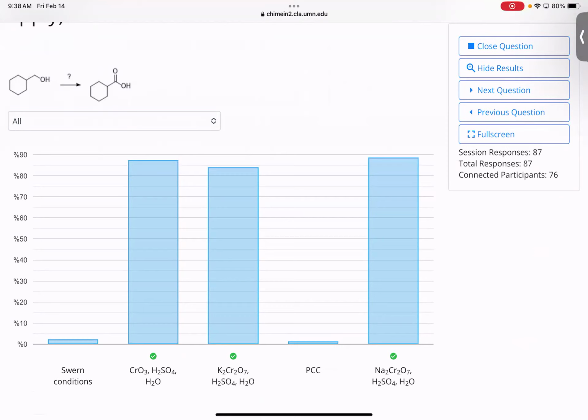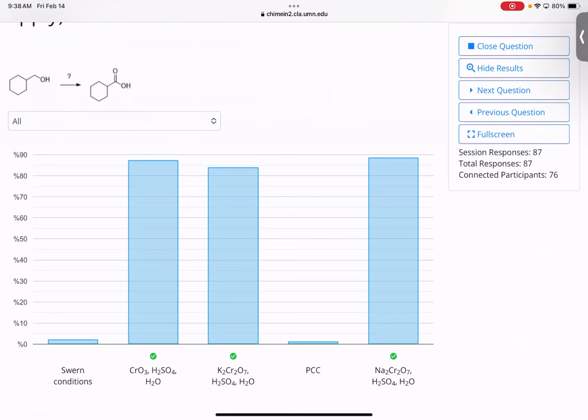All right, so the key to these reaction conditions is that there's no water. Key is no water with these reagents. We don't need to know the mechanism, but we do need some water to turn into the carboxylic acid.